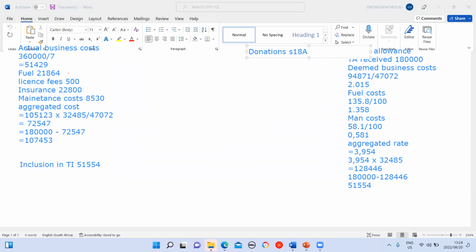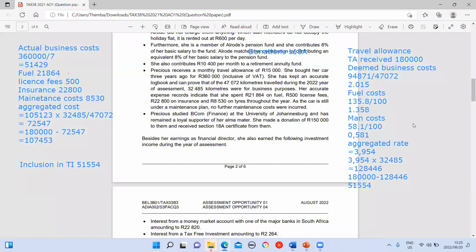The reason I'm postponing this is because you must consider this when you have your total taxable income at the end. So yes, you could have done that also if you wanted to. So let's continue with the question. We see donations later.